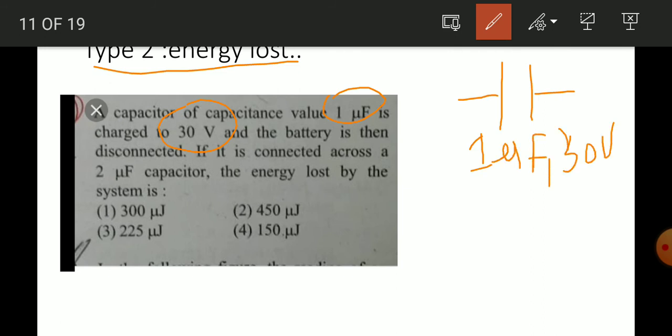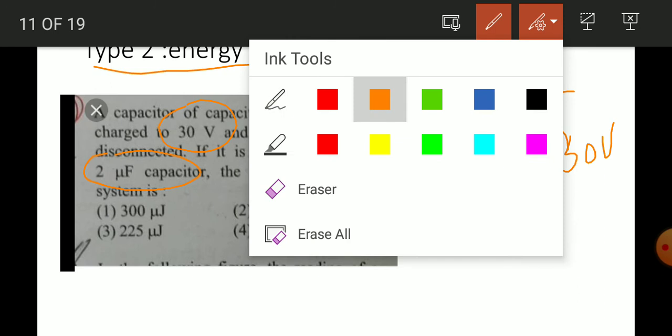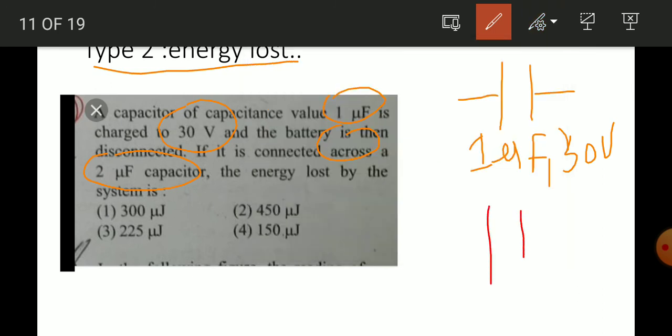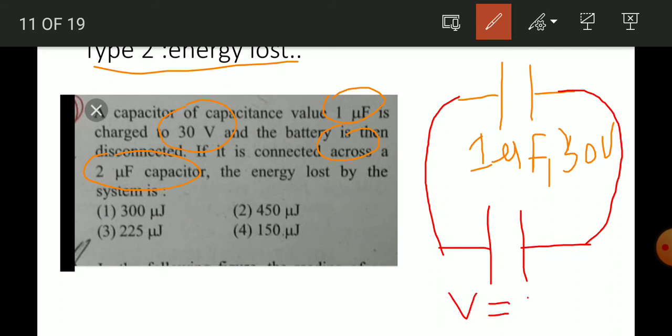Now it is connected across another capacitor of some microfarad. The other capacitor is not charged, but it will have some capacitance. What will happen if we connect these two capacitors? Initially this capacitor was not charged, and the first capacitor is charged up to 30 volt.